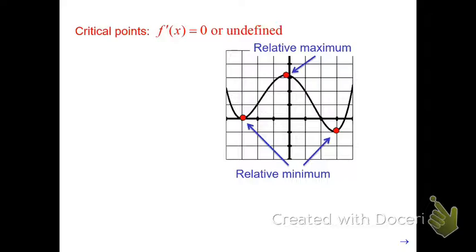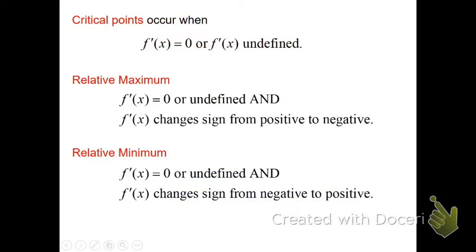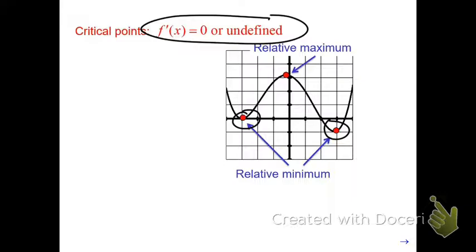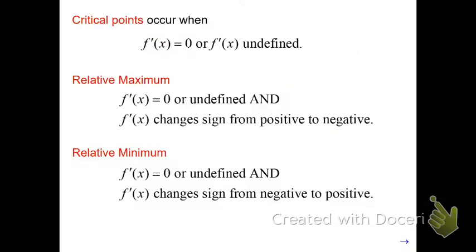First, it has to be a critical point. So the derivative has to be 0 or undefined. But then to be a minimum, here and here, the derivative changes from negative to positive. Negative to positive. So here are all of your justifications.